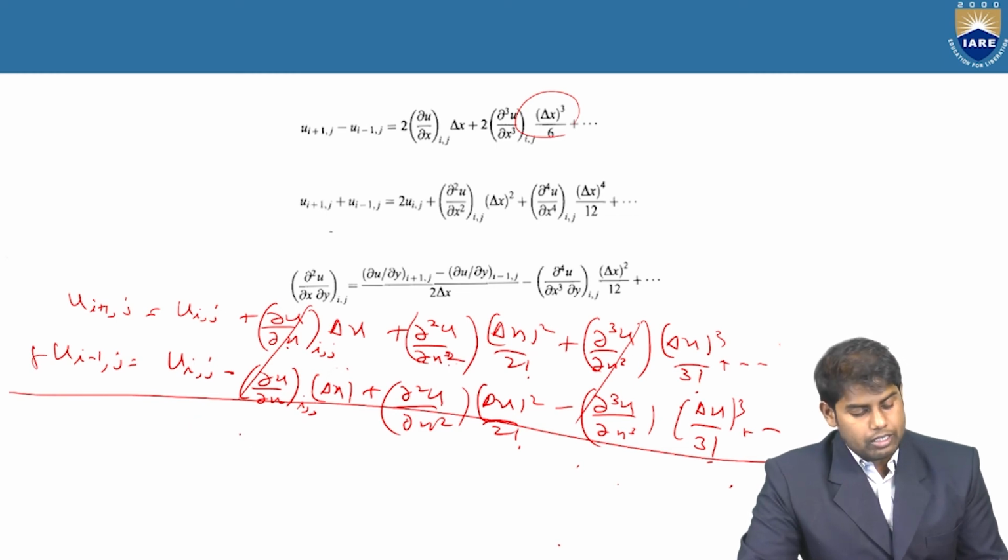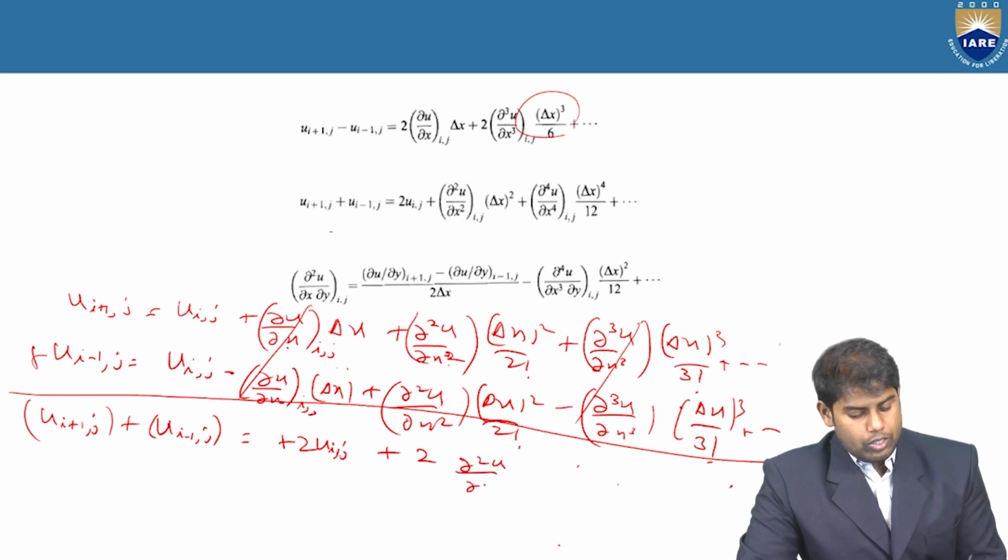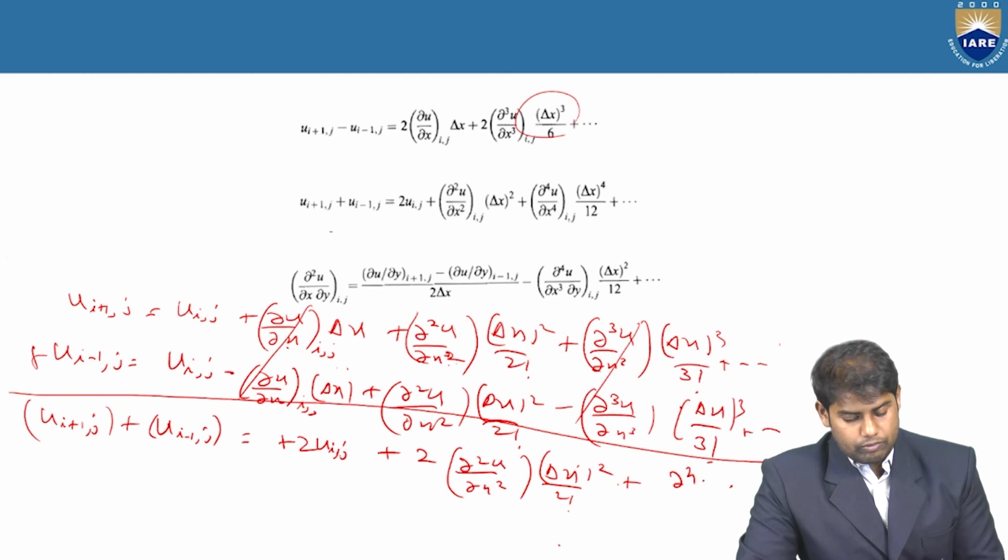Here the odd terms of Δx are getting cancelled. So finally u(i+1,j) plus u(i−1,j) will be equal to 2u(i,j) plus 2 times ∂²u/∂x² into Δx² by 2 factorial, plus the next term, which would be of power 4.